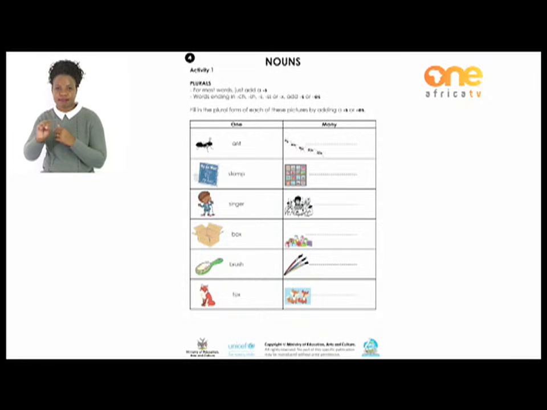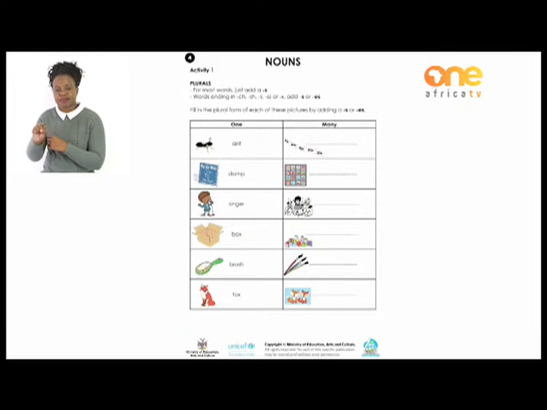I will do one example with you. The rest you will do by filling in the correct plural for the noun given. Ants. That's the example we are going to do together. If you look at the pictures, it's no longer one ant, there are many. The plural of ant, Chanel?